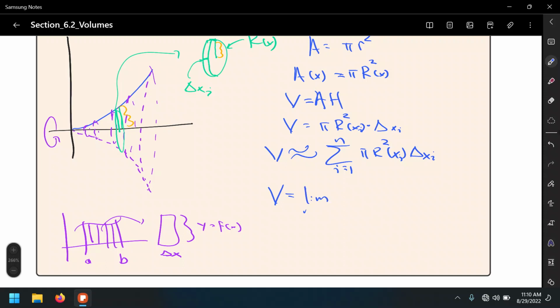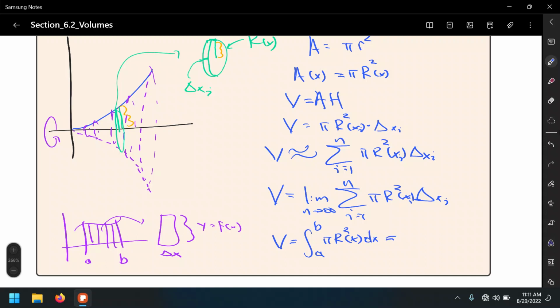Find the limit as n approaches infinity of the sum from i equals 1 to n. And by definition of Riemann sum, what's the limit as n approaches infinity of the sum? The integral. So that's the integral from a to b of pi big R squared of x dx.